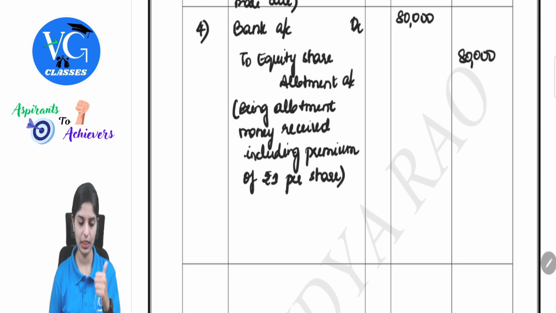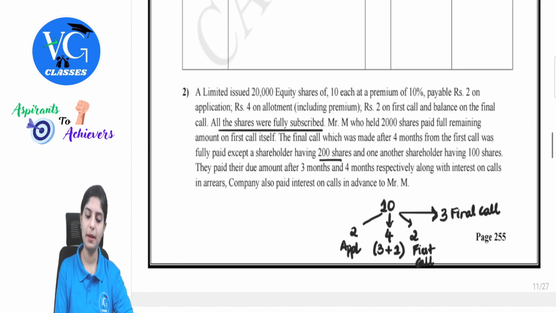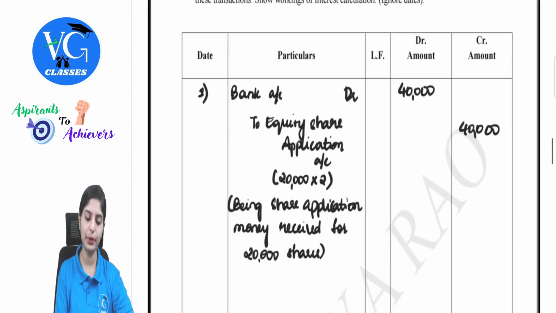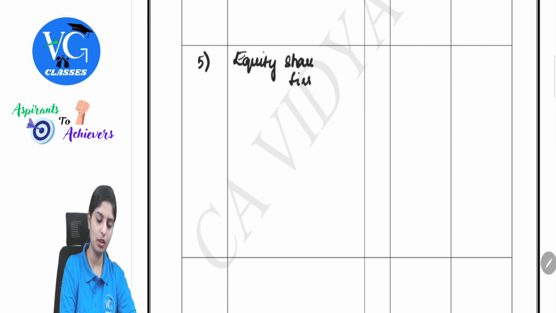Is this clear? Yes. Next, Mr. M, who held 2,000 shares, paid full remaining amount on first call itself. So first of all, we have to make it due with respect to first call. So what is the due entry? Equity share first call account debit to equity share capital.